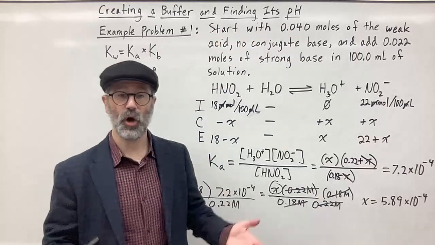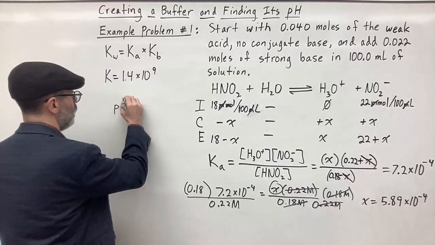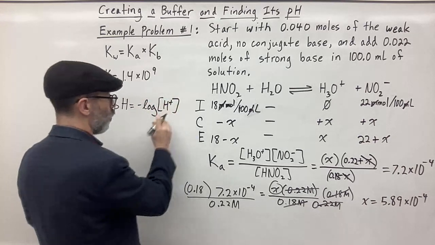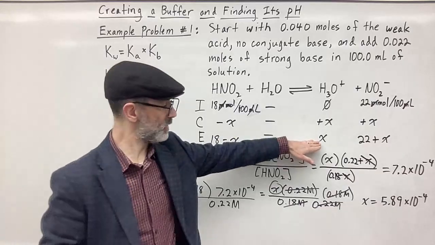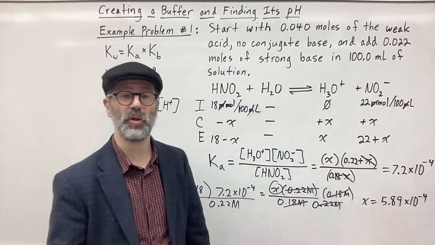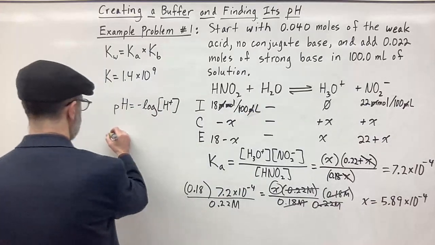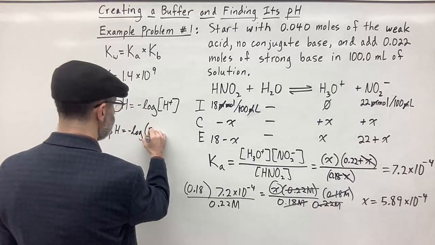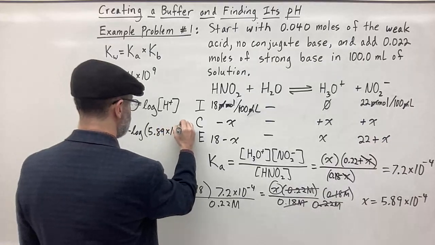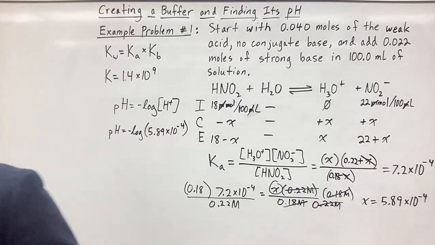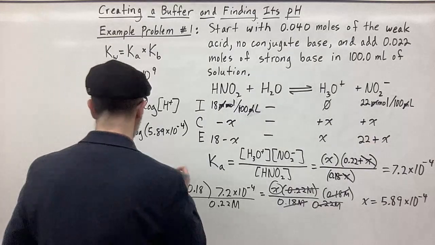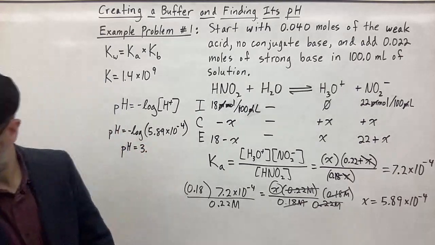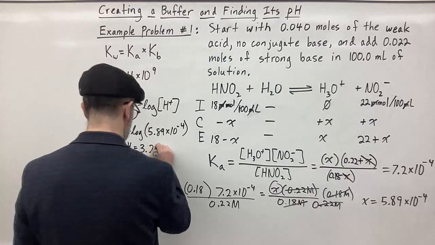The pH is equal to the negative log of the H plus concentration, or hydronium ion concentration, which is X. We just found our H plus concentration, so we plug that into this equation. pH is equal to the negative log of 5.89 times 10 to the negative 4, and we get 3.230.